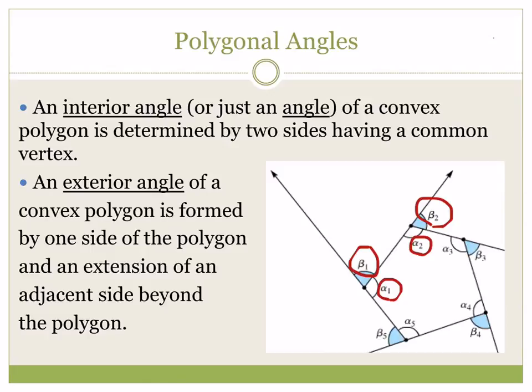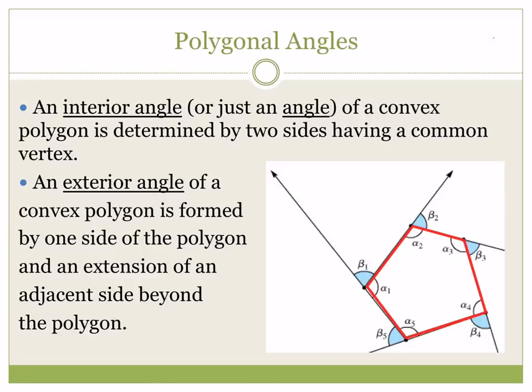So for instance, if we take a look at this shape, in fact, let me erase what I have here just a sec. The shape of this, it's a pentagon, is actually what's in red here, correct?